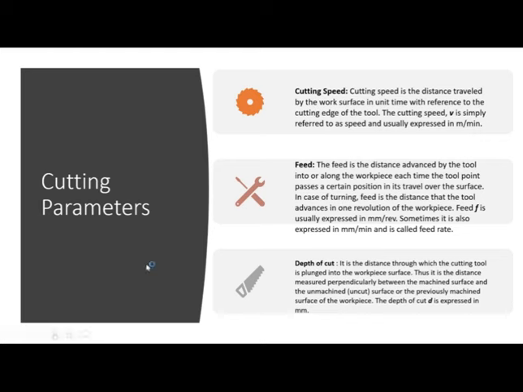The next definition is feed. Feed is the distance advanced by the tool into or along the workpiece each time the tool point passes a certain position in its travel over the surface.